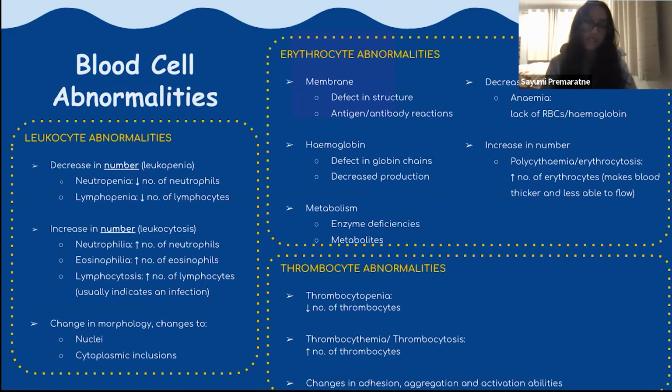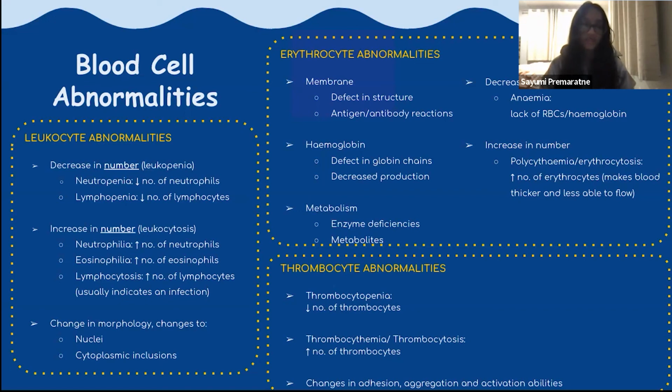Other abnormalities include the membrane. With the membrane, there can be a defect in the structure of the membrane. You can also have autoimmune responses on your red blood cells if there are problems with the antibody reactions with your red blood cells. You can also have problems with the actual hemoglobin itself.